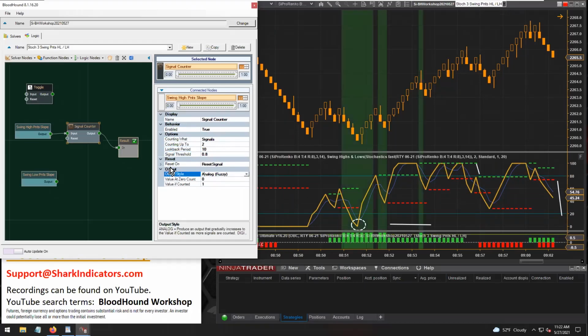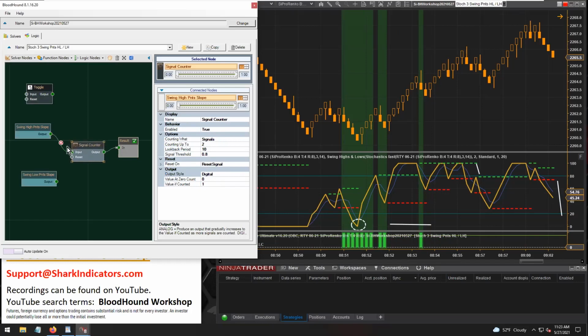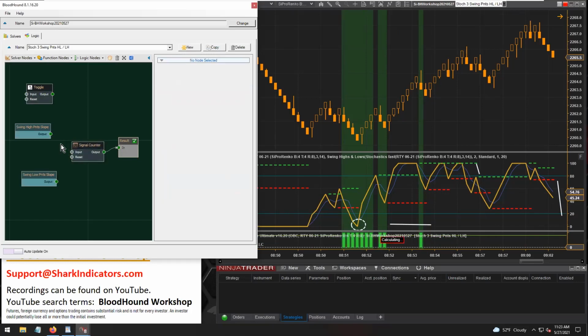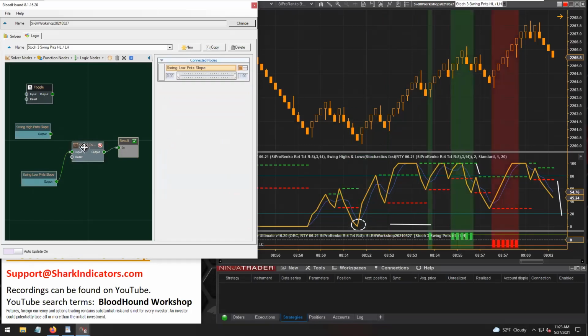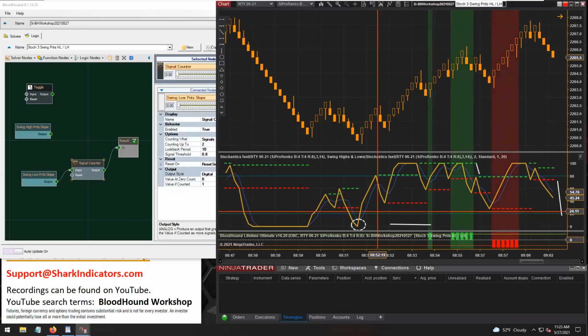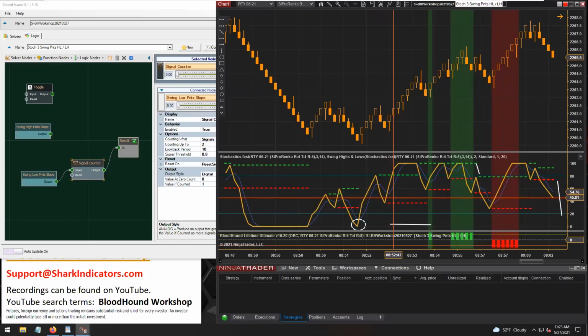And for the output here, most people prefer to see the digital type of output. Oh, sorry. I have the wrong solver step plugged in here. There we go. So this appears to be working initially.